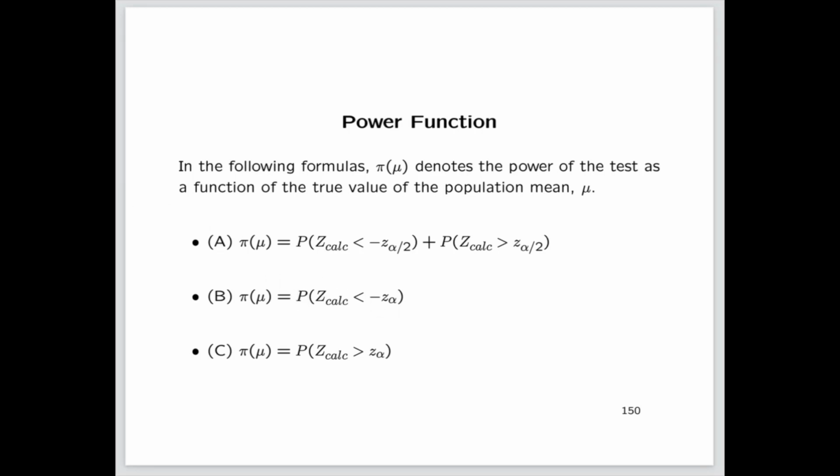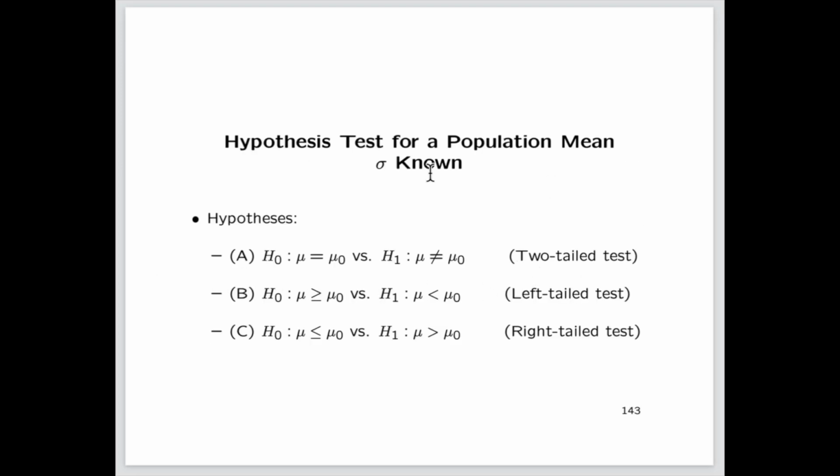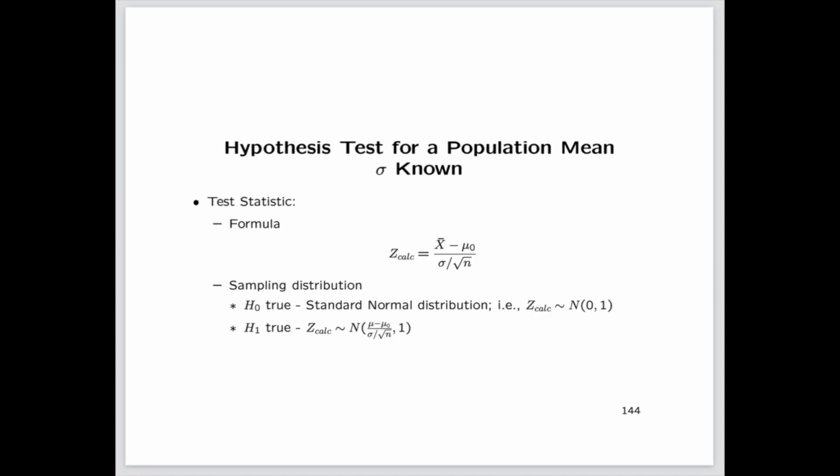So going back to where we described the hypotheses that we could test, and then going one slide after that, remember that we said the formula for the test statistic, zcalc, is equal to this expression here, and then we talked about the sampling distribution for zcalc.